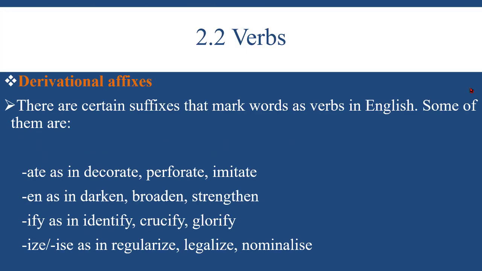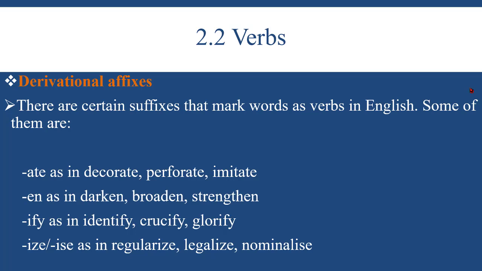And now let's move on to verbs and use the same criteria we have established, that is morphological and syntactical, and then we see how to determine parts of speech. So concerning verbs, there are certain suffixes that mark words as verbs in English.